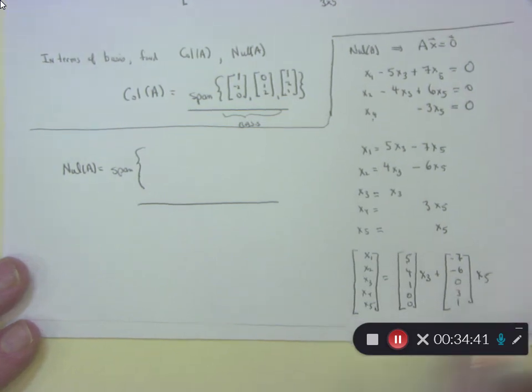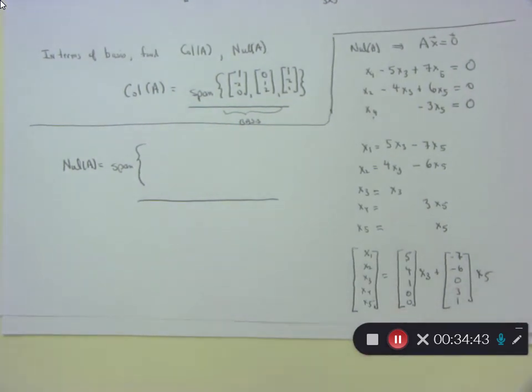If you think about it, this is the set of linear combinations, because x3 and x5 can be any constant in the world of whatever space you're playing with in terms of the scalars.